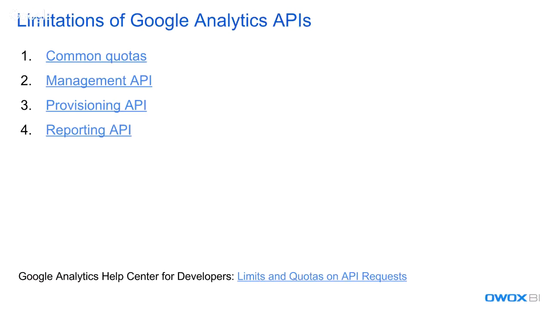It's almost streamed in real time. So every day you have unsampled information from your Google Analytics account. Here you can see the links to all the API limitations, and you can learn more about each of these.